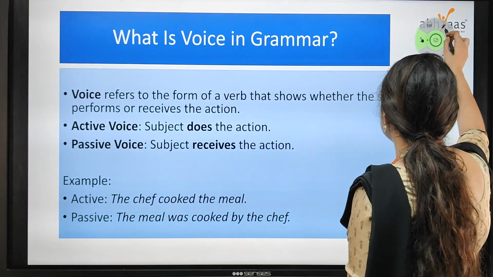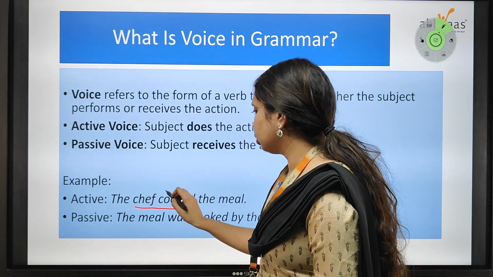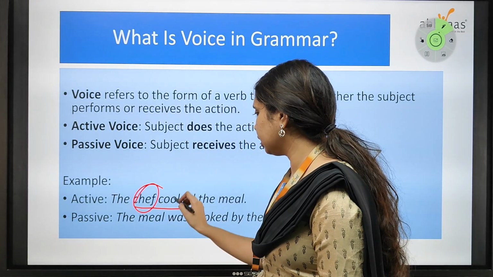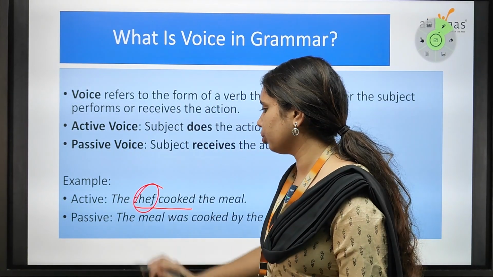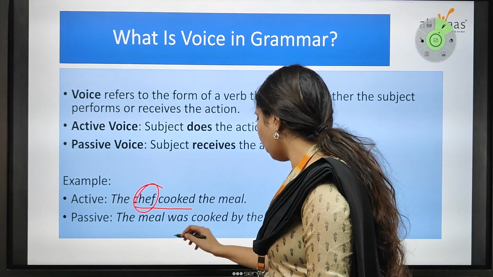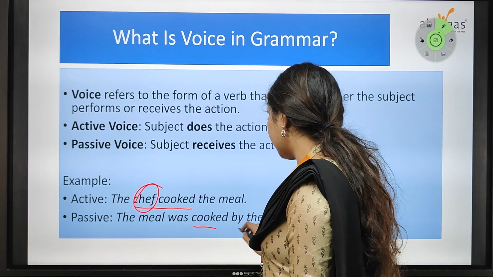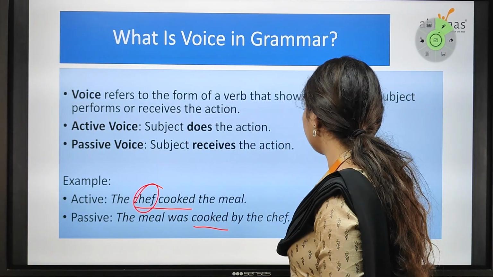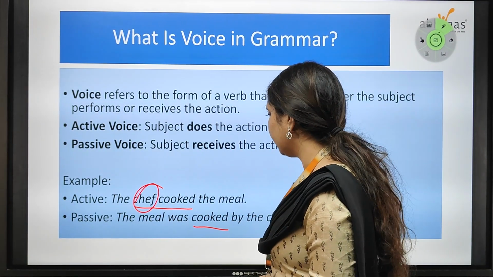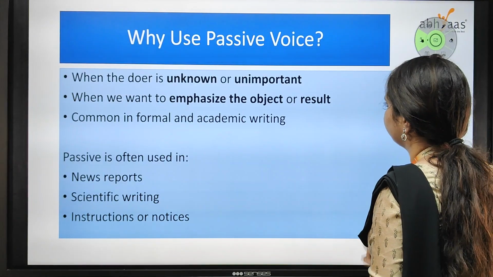For example, look at the sentence: the chef cooked the meal. So who is the one doing the action here? The subject is doing the action, so that is why it is known to be in the active form. For example, the meal was cooked by the chef. Here the subject receives the action, that is why it is known to be in the passive form.